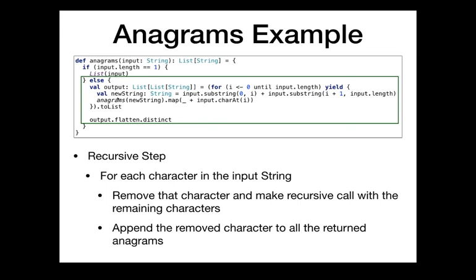Splitting up that string, we create a string with that one character removed, and make our recursive call on each of those strings with each character removed. And then when we get the anagrams of that, we're going to just assume that this call is correct. And then we're going to append that character that we removed to the end of all the anagrams of that string with the character removed.